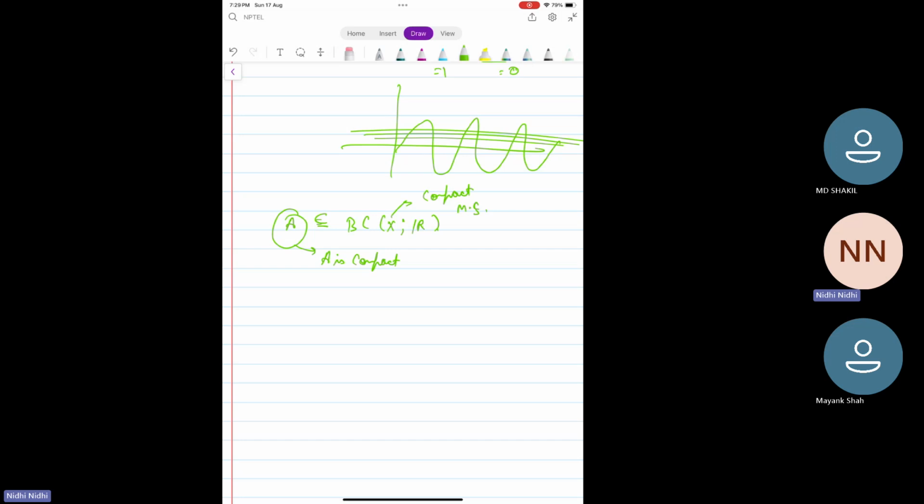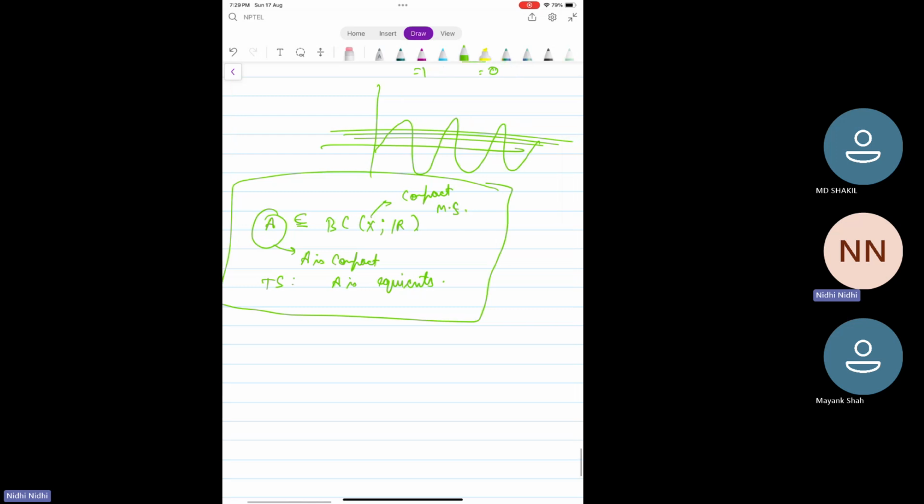We need to show that this A will be equicontinuous, that is, this family of functions is equicontinuous. I think that will come from the continuity of the functions. I'll look for its explanation and a proper proof. I think it can be done.